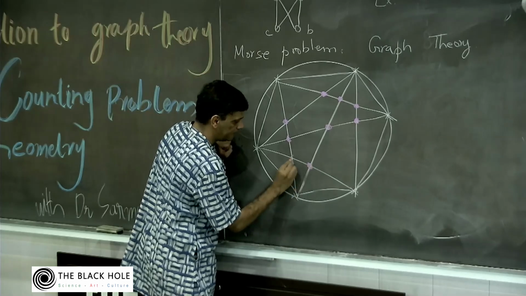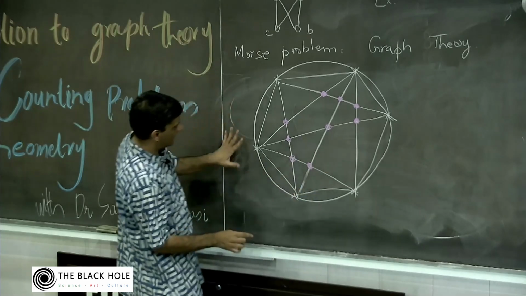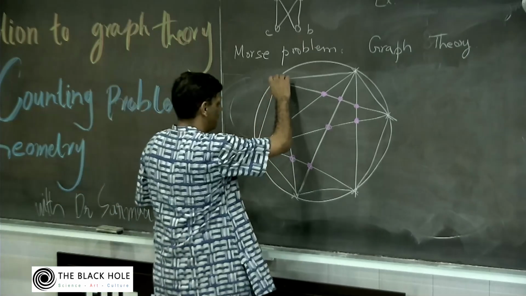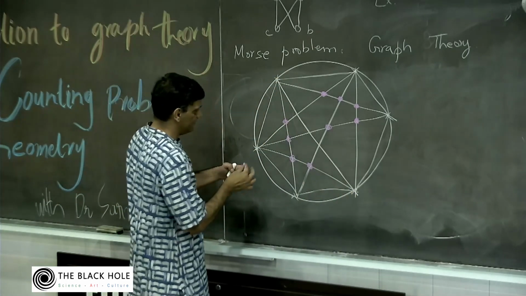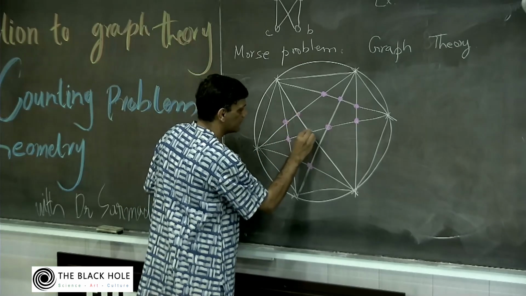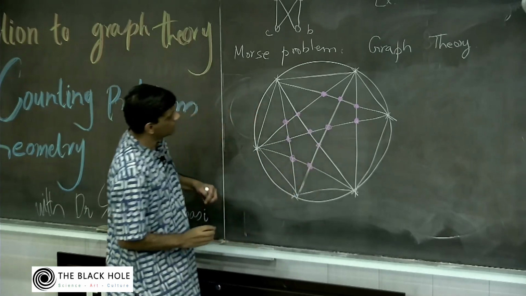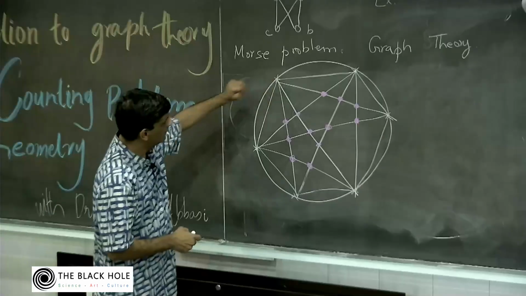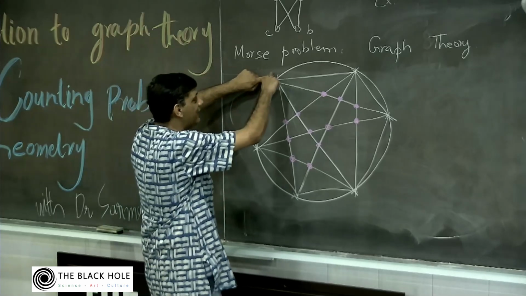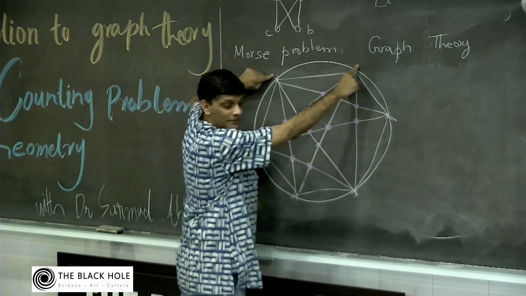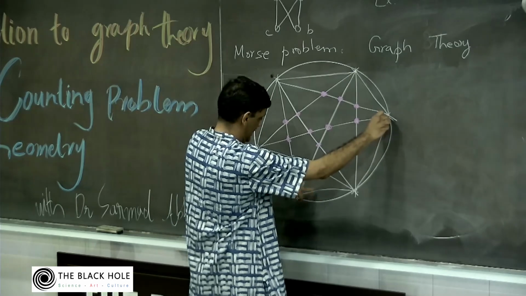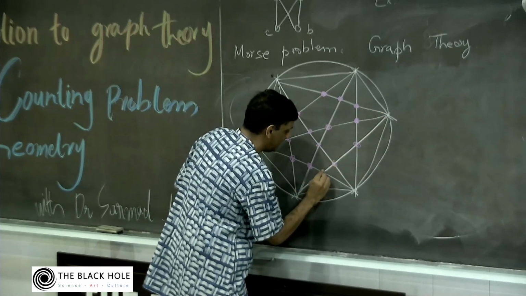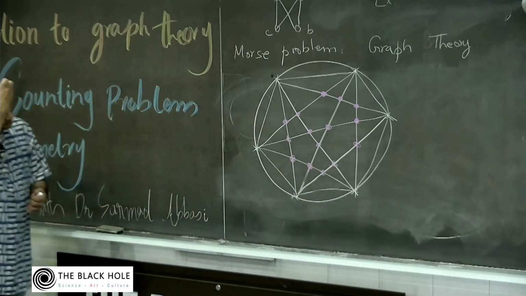I think there are edges missing, so that's why there are purple vertices missing. Okay, you add these purple vertices.